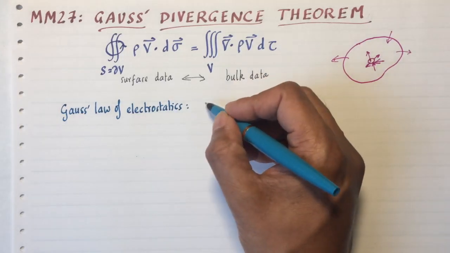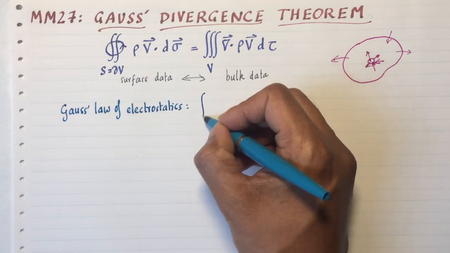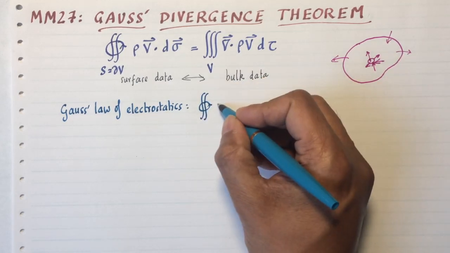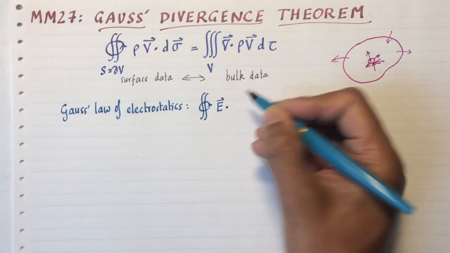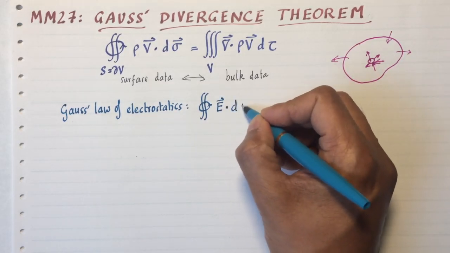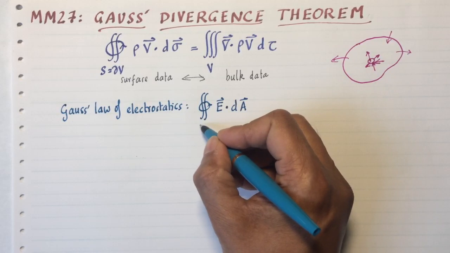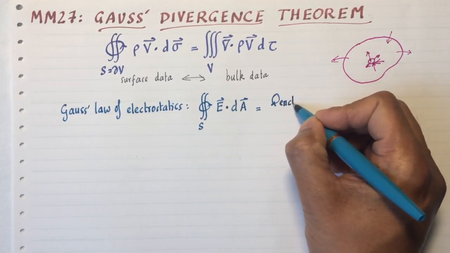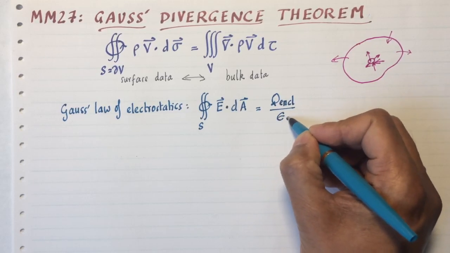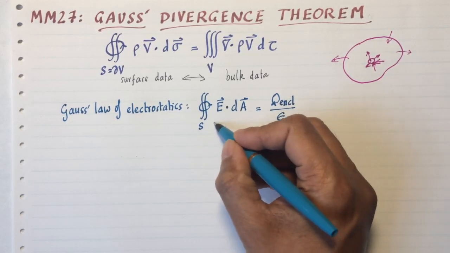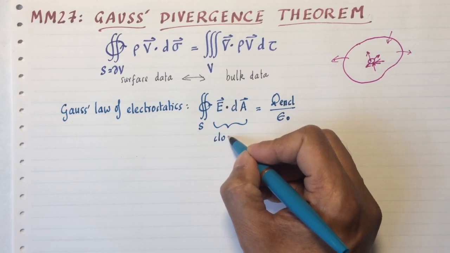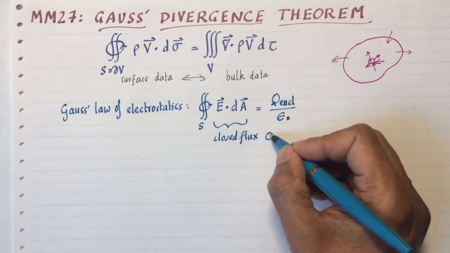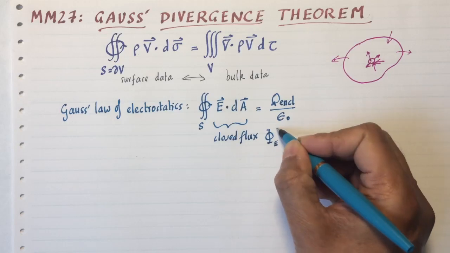Let me tell you how it's stated in University Physics 2. The electric field dotted with the area vector over a surface is equal to the enclosed charge divided by epsilon naught. This quantity here is called the closed flux, sometimes denoted by the symbol phi e, closed.